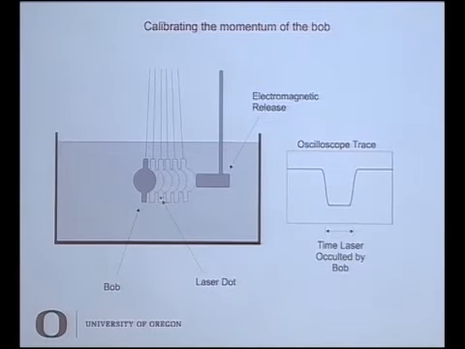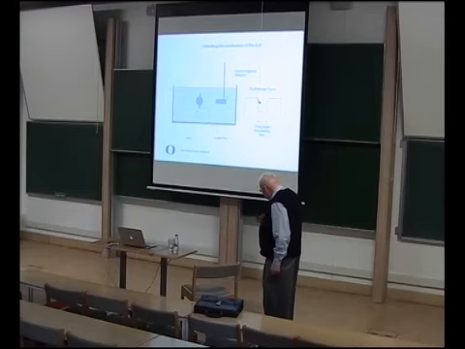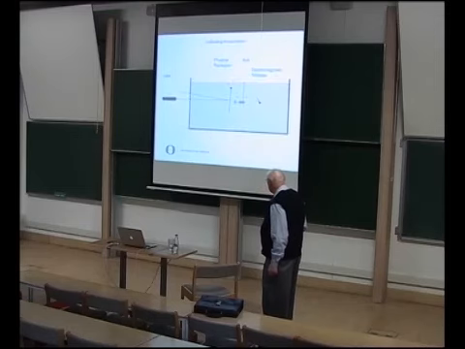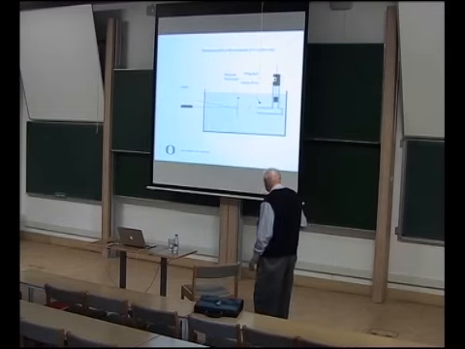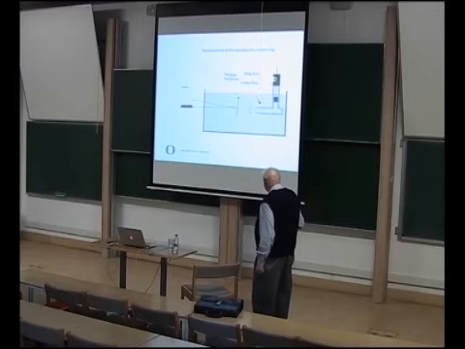And so you know exactly how fast that bob is going when it reaches the bottom of its swing, which is exactly where it's going to hit the physical pendulum. Is that clear? In other words, if you know the velocity of the bob and you know the mass of the bob, you sure as heck know the momentum of the bob. And that was the idea that Ian had.